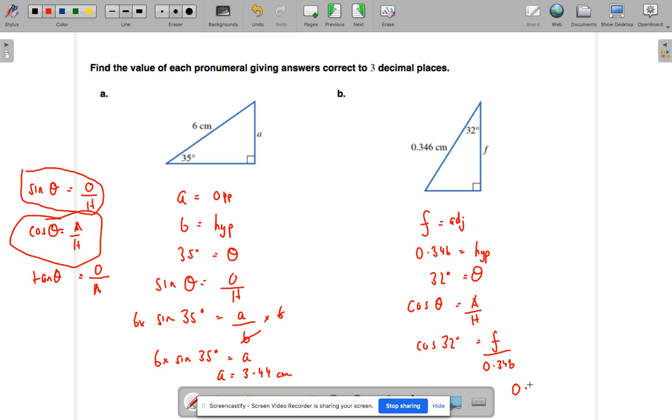So it's going to be 0.346 times cosine 32 equals F. Let's put that in the calculator. 0.346 times cosine 32, and we get 0.293 to 3 decimal places. So F equals 0.293 centimetres. So there we go. There's our second example.